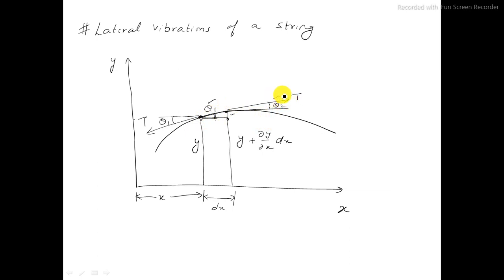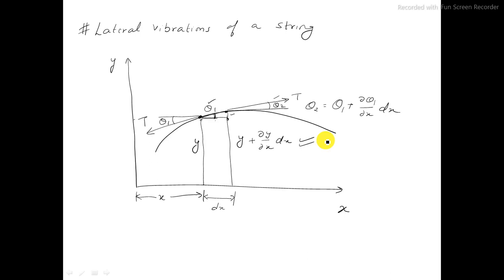If this angle is theta 2, we can say that theta 2 is theta 1 plus ∂theta 1/∂x into dx, similar to the relation that we have for y. That is, change of angle theta with respect to x, we can also write theta 2 in this way.